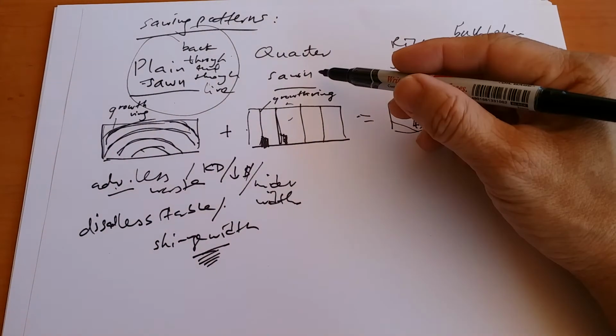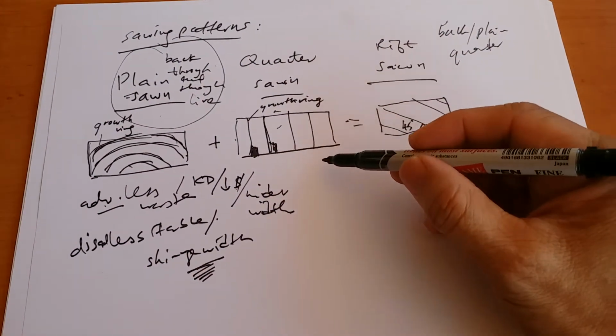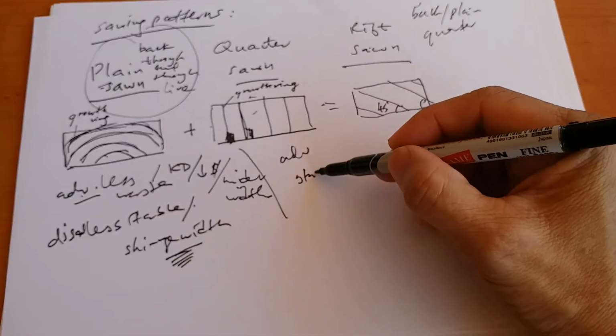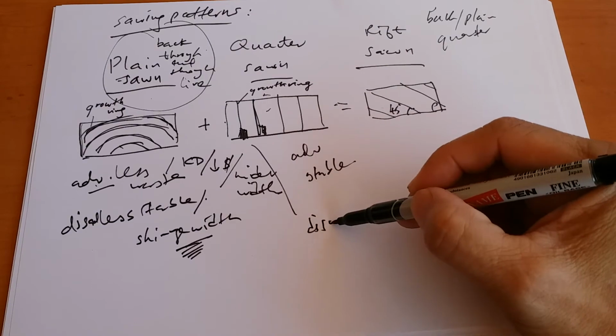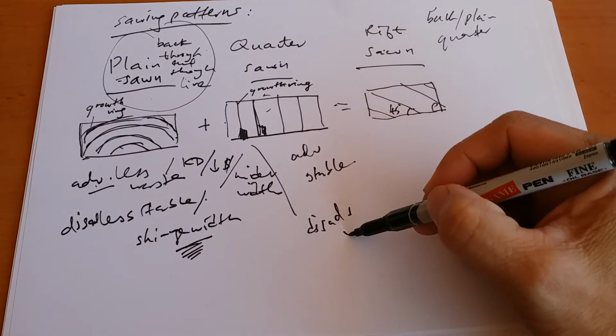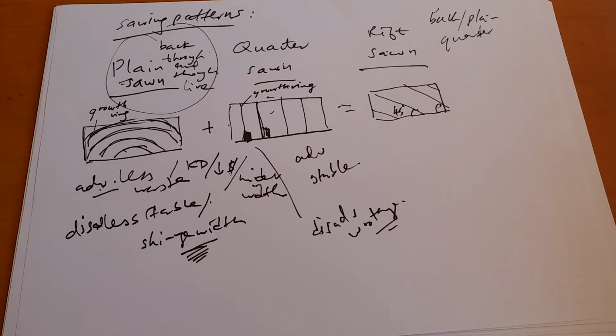How about quarter sawn? What are the advantages or disadvantages? The advantage is it is very stable. But the disadvantage is when you have stability, you have more wastage in the sawing.